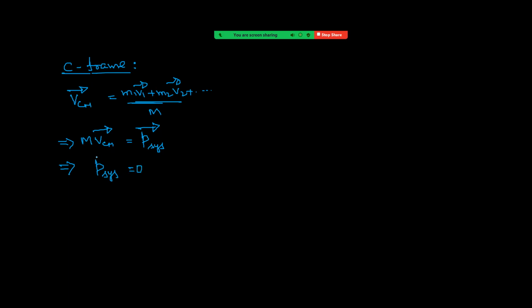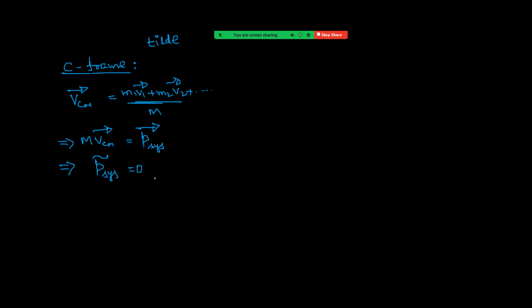I am writing here a different symbol, read as tilde. This is the symbol we use for the center of mass frame. So this is the momentum of the system in the ground frame, and this is the momentum of the system in the center of mass frame. This is the first advantage: for the system, momentum is 0.